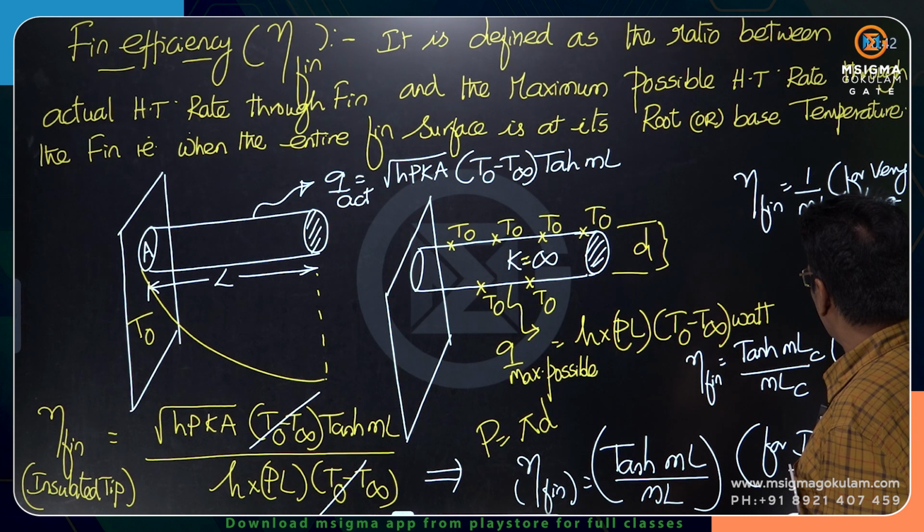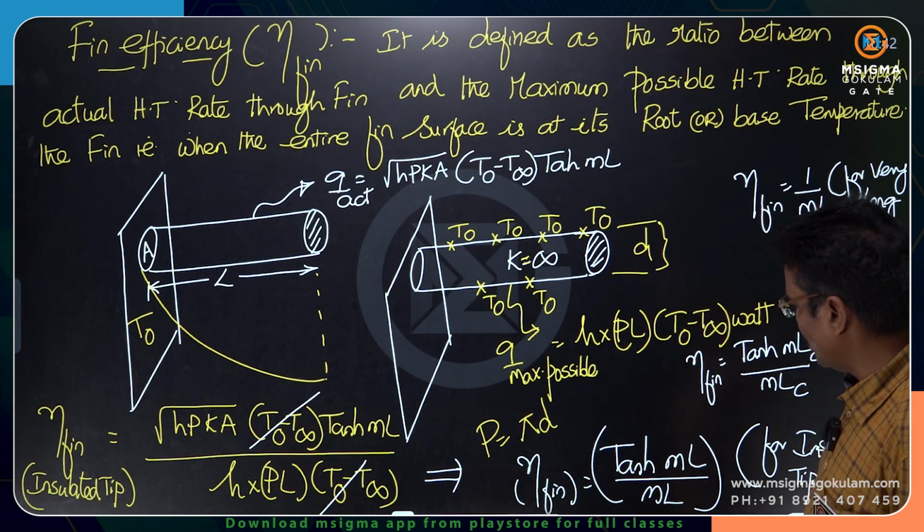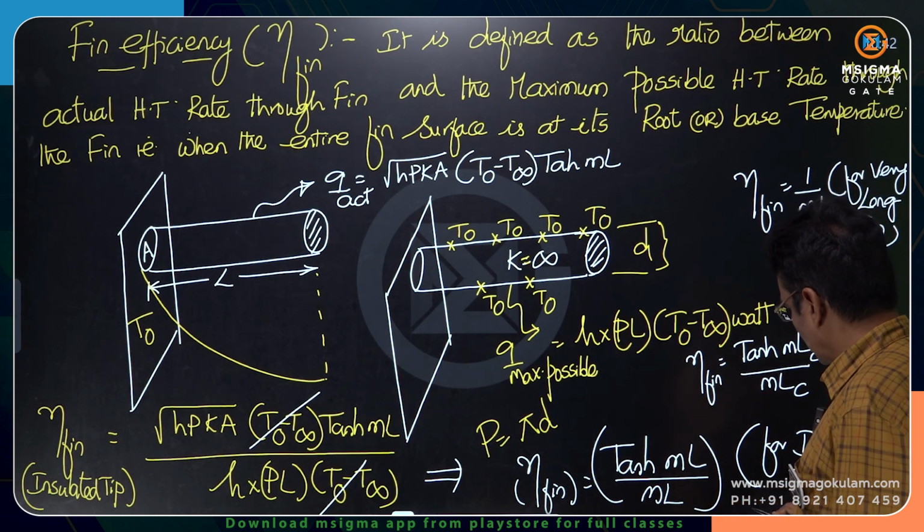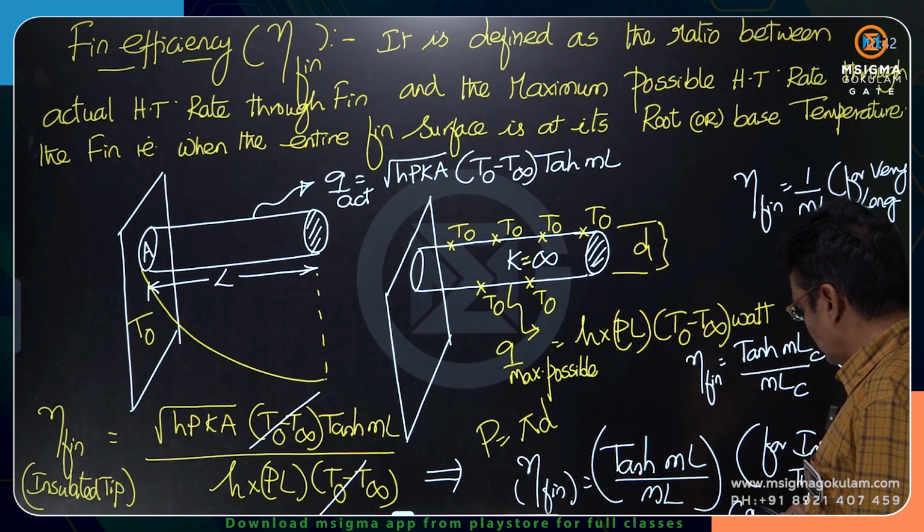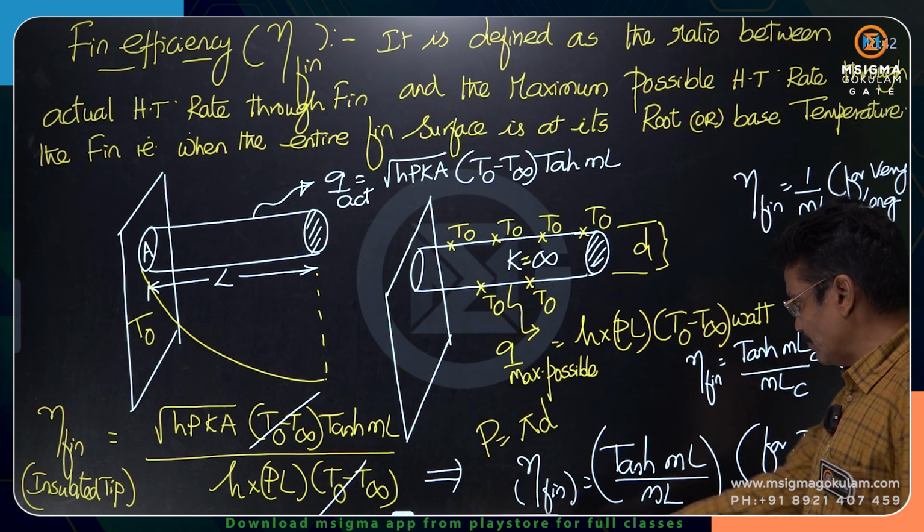Case 3 means uninsulated tip. This is for case 2, the insulated tip case.